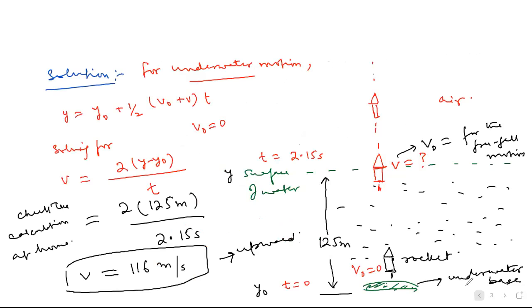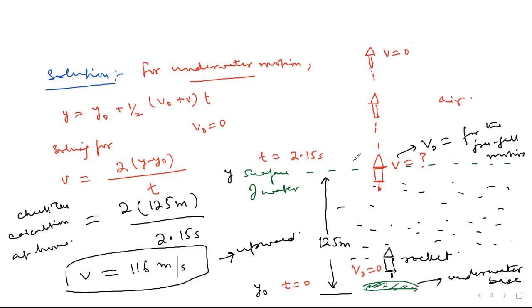We know when this rocket reaches the maximum height, it will momentarily stop there. So the velocity there, the final velocity for the free fall portion of the motion, is 0. Initial velocity is 116 meters per second.